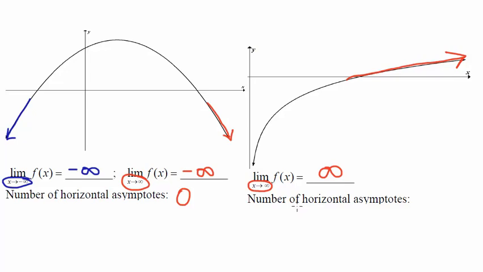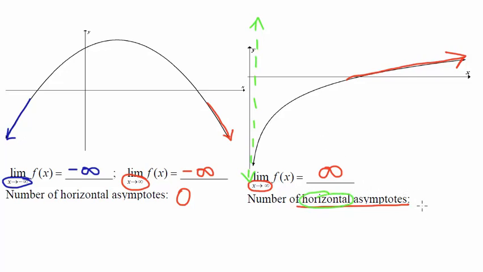Now let's come back here. The number of horizontal asymptotes. This might be tricky. This equation has a vertical asymptote. This is this dotted line I'm drawing here at 0. But it didn't ask me about vertical, it just wanted horizontal.